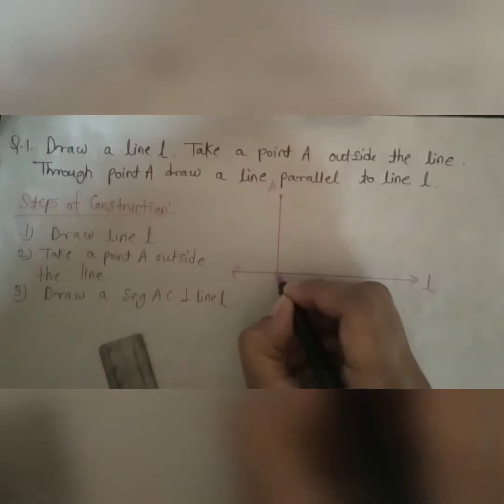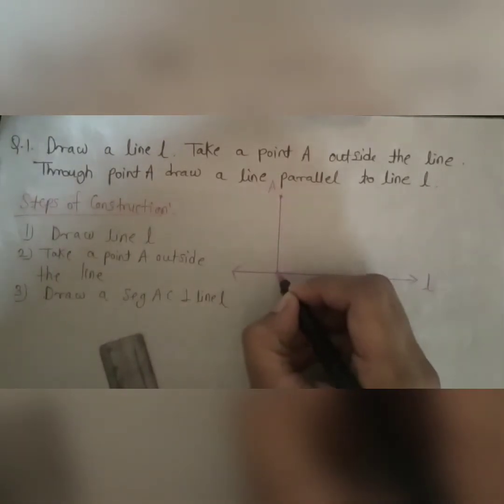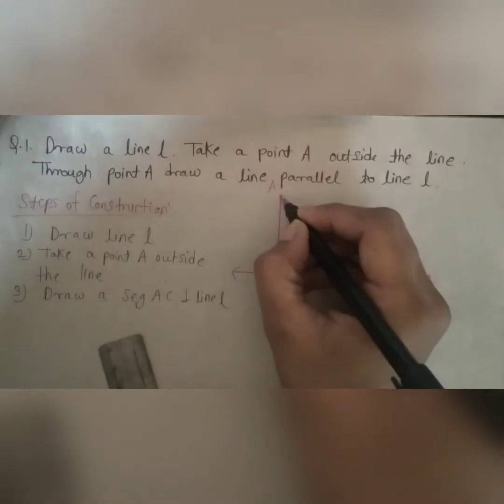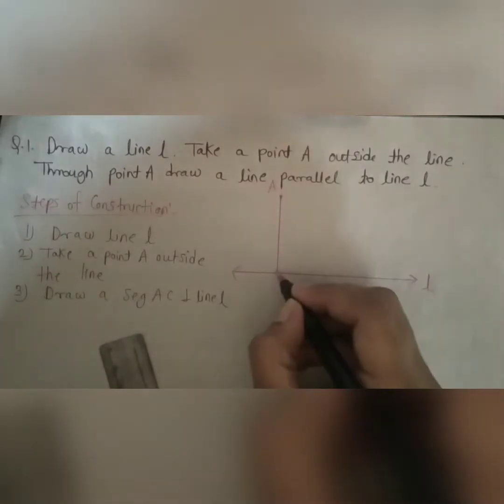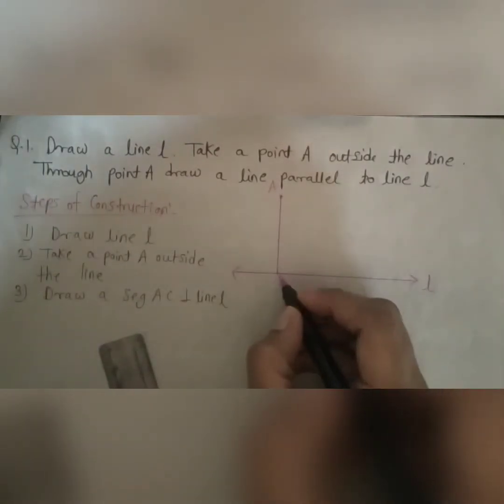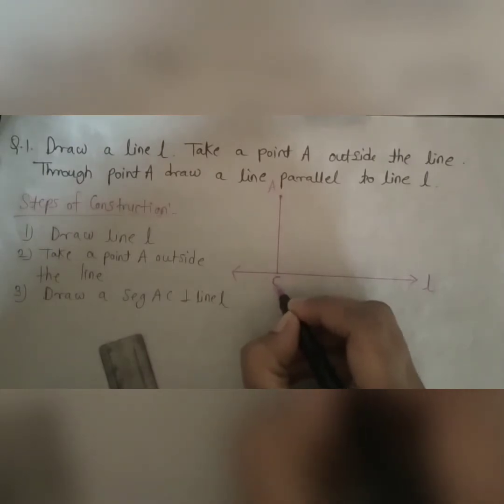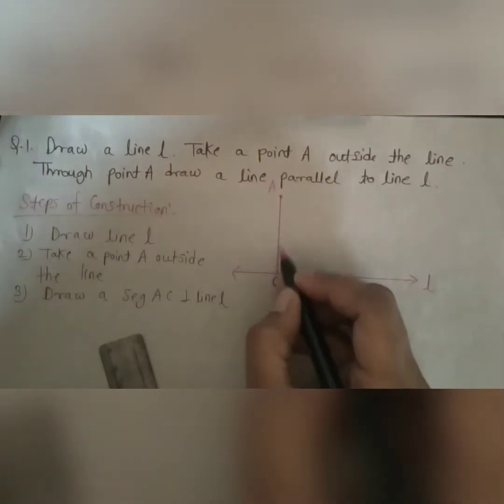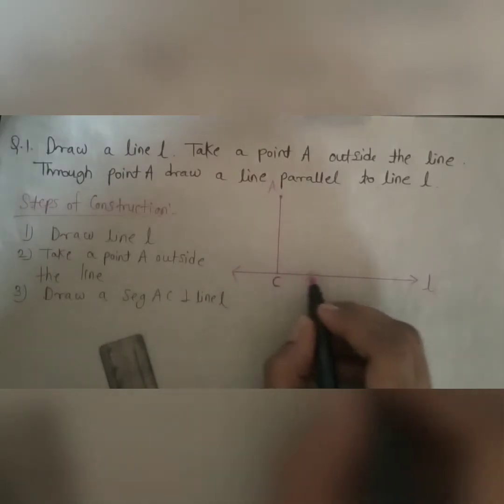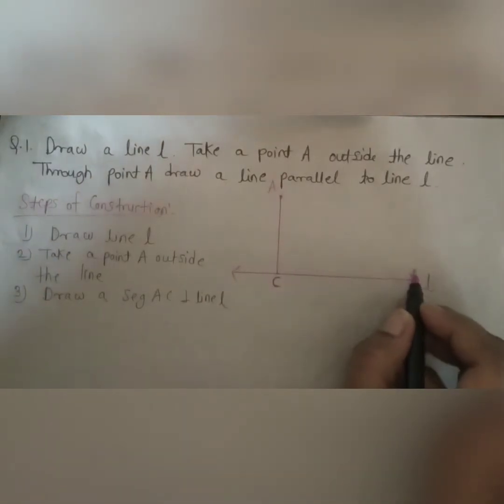Why? Because they have two end points, so this is a segment. Now I have drawn a segment AC. Suppose this is point C. Now AC is a segment, AC is perpendicular to line L.